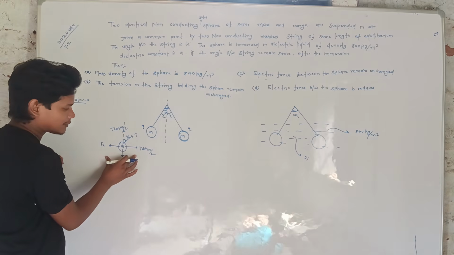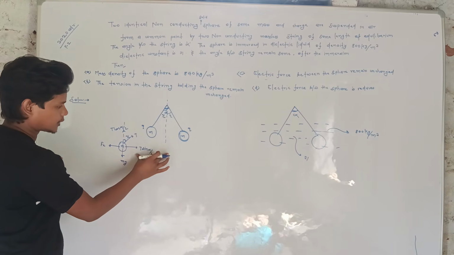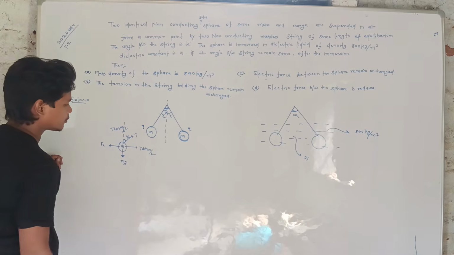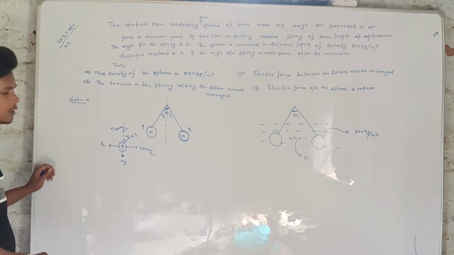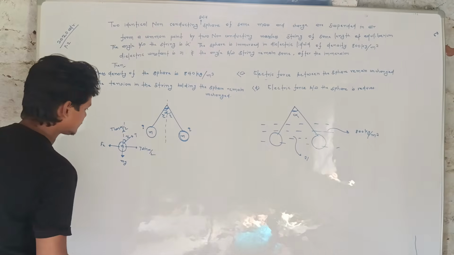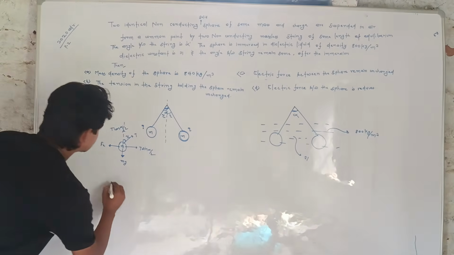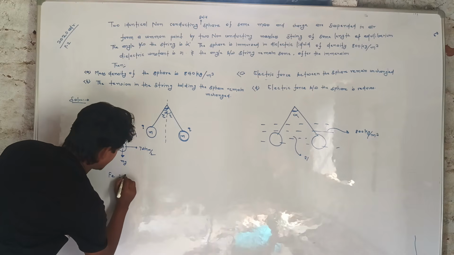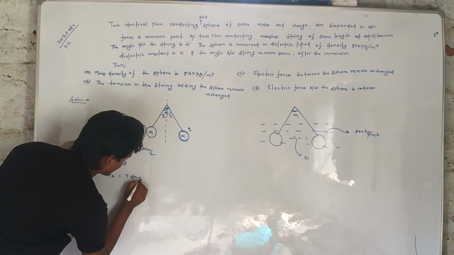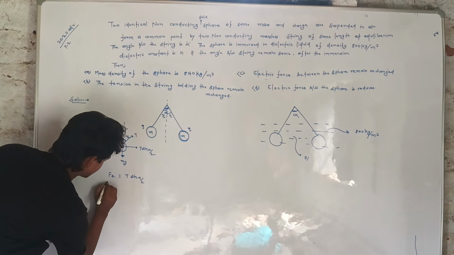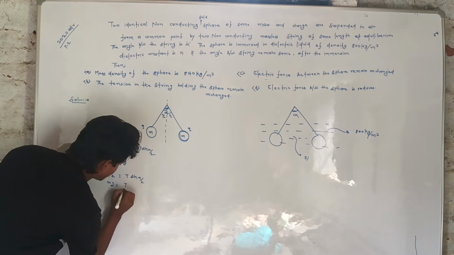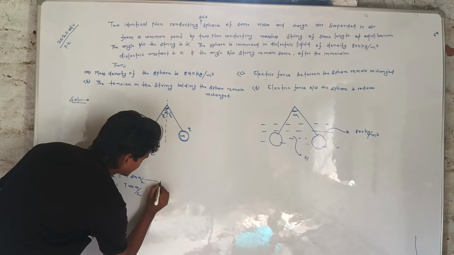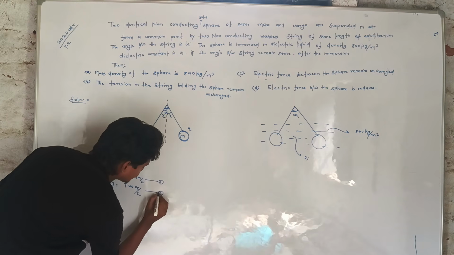Electrostatic force will be balanced by the tension's horizontal component, and gravitational force is balanced by the tension's vertical component. So we write the equations: electrostatic force is equal to T sin alpha by 2, and gravitational force is equal to T cos alpha by 2. We can say this is equation 1 and this is equation 2.